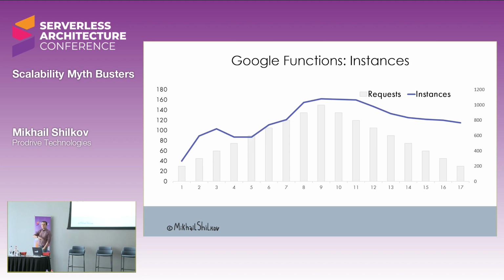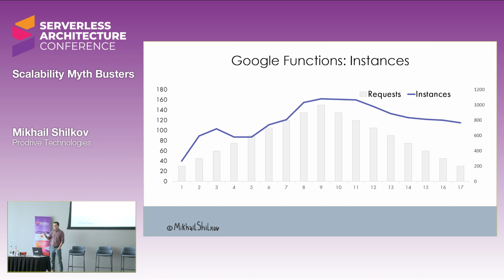After the peak, you can see that they still keep a lot of instances alive and distribute requests between them evenly, even though they probably don't need this many anymore. But they expect more load, because my scenario is sort of artificial. If your load is not that spiky, you will get a lot of cached instances and even fewer problems.